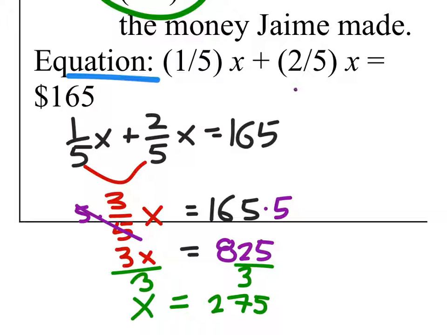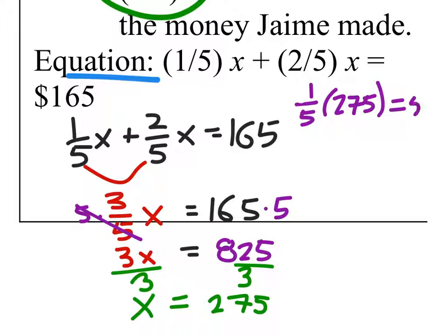John makes 3/5 of what Jamie makes. So 3/5 times the 275 would be 165. Oh yeah, 1/5. I'm looking at the wrong one there. Let's look at 1/5. That'd be better.